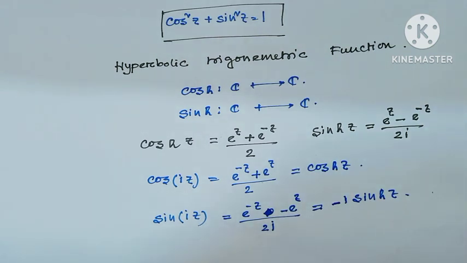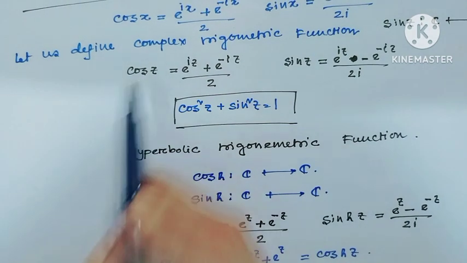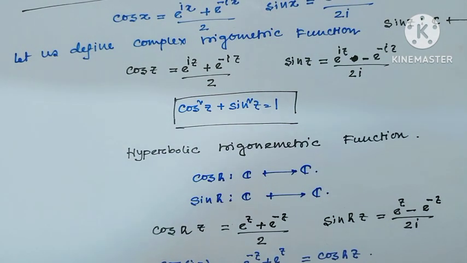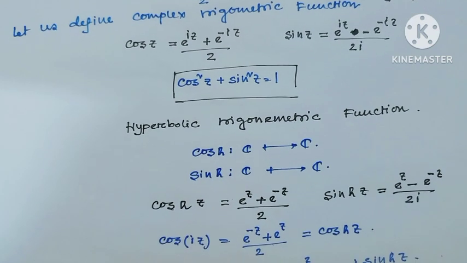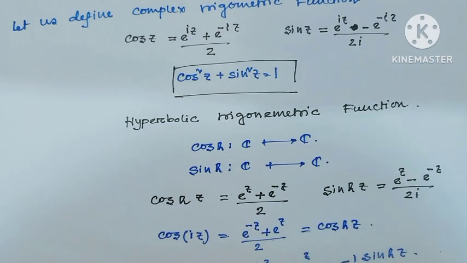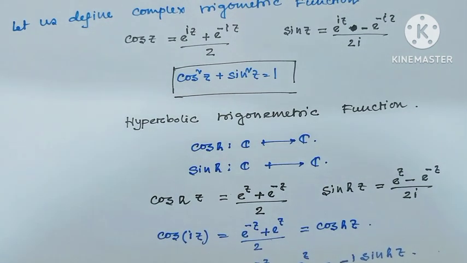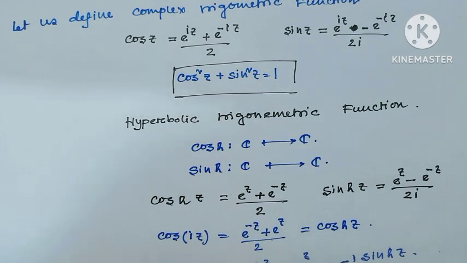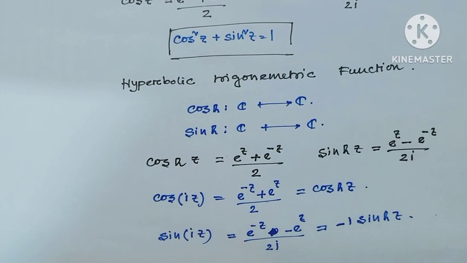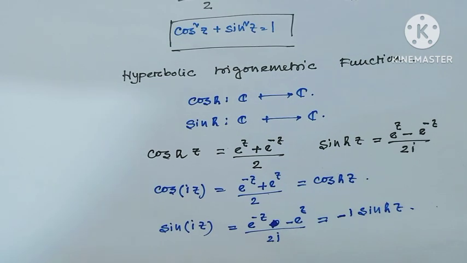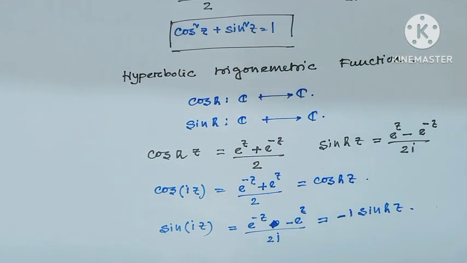Then cos iz, just put the value, would be e to the power minus z plus e to the power z over 2, and this is equal to cos hyperbolic z. That means cos iz equal to cos hyperbolic z. Similarly, sin iz equal to e to the power minus z minus e to the power z over 2i, and this is actually equal to minus i sine hyperbolic z.